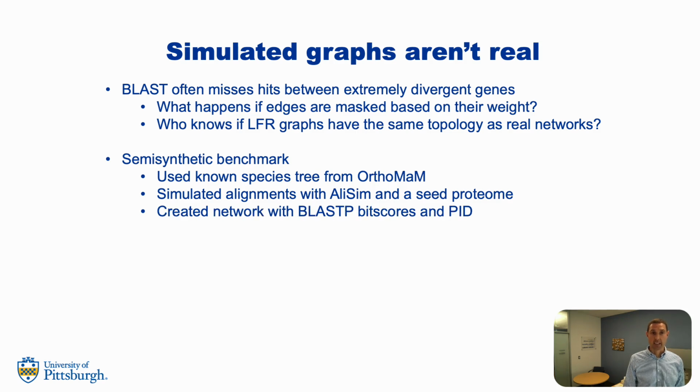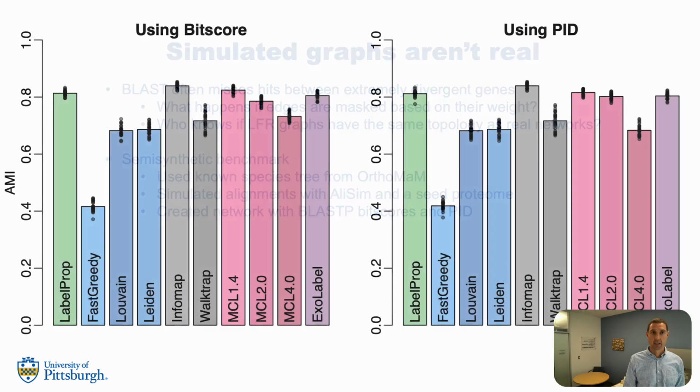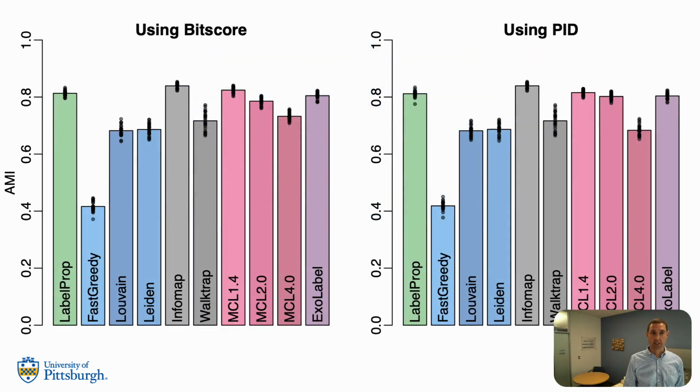This allowed us to create a network with BLAST-P bit scores or PID. We then used these networks to compare the gene groups that we expect from the simulated proteome versus those that are found by each of the different algorithms.